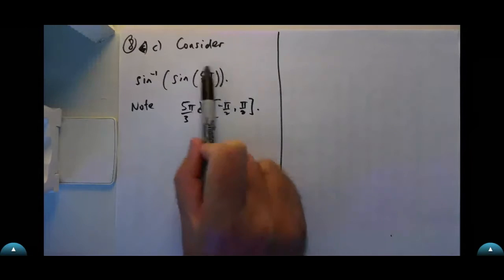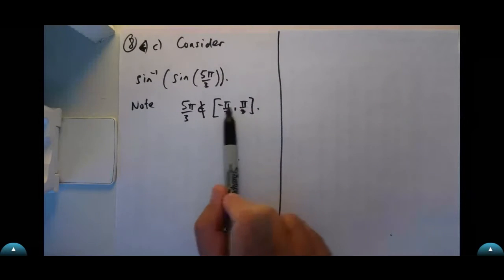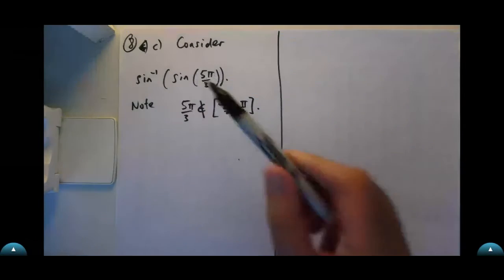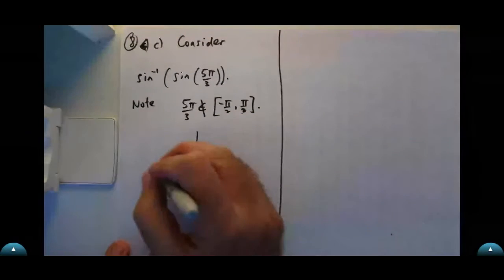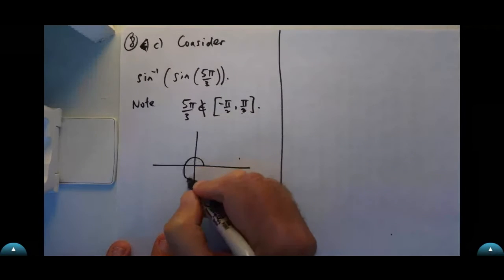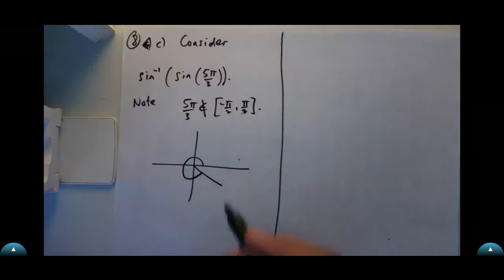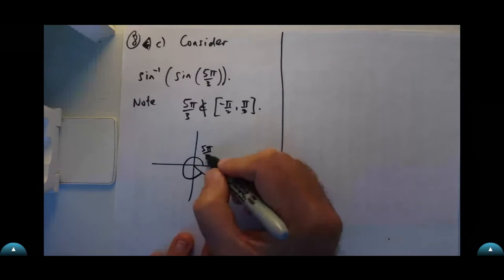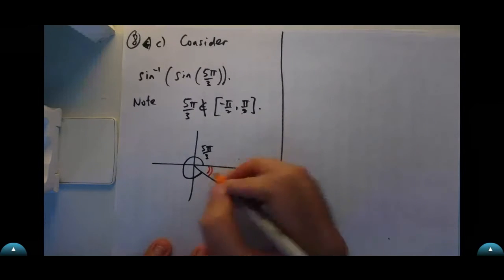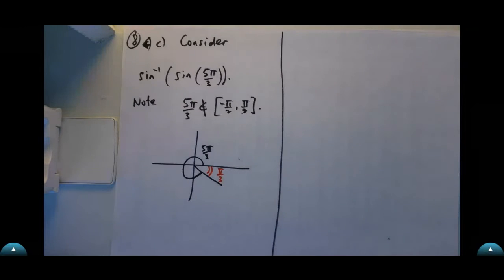Okay, so what we would like to do is get this or this into some form where the angle is in this interval. So, for example, if I draw a picture where I look at this angle here, that is 5 pi on 3, right? Now that's the same as going the opposite direction with pi on 3.